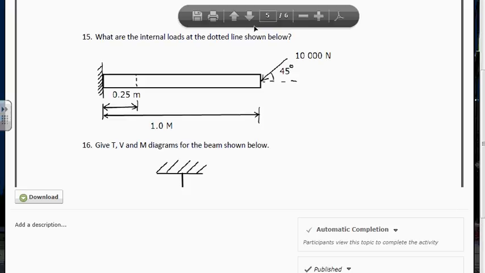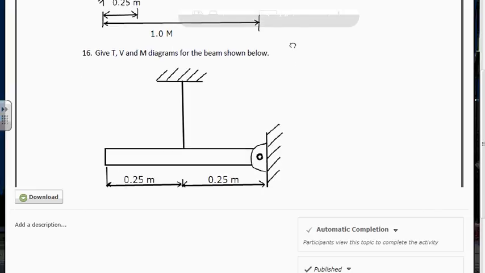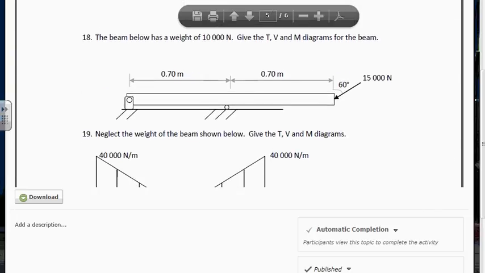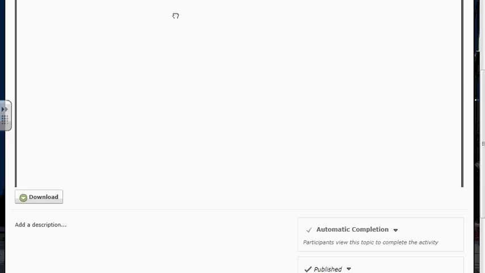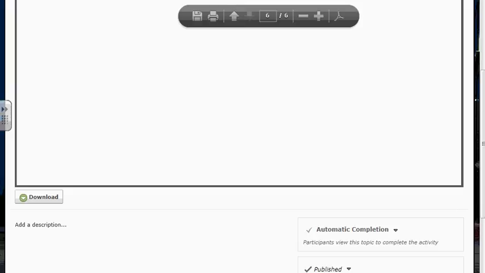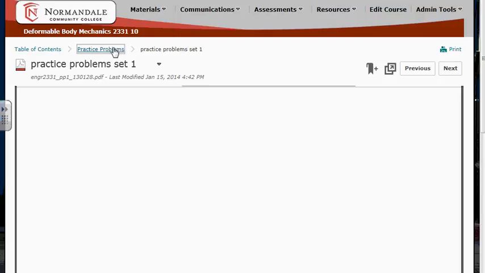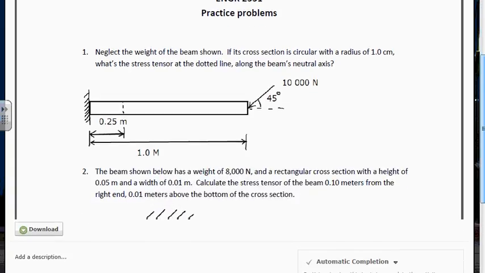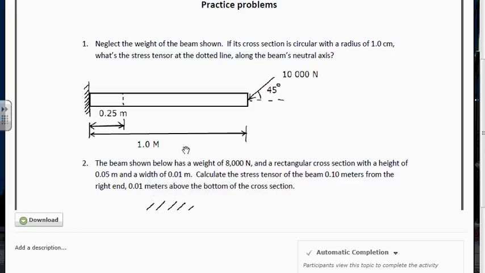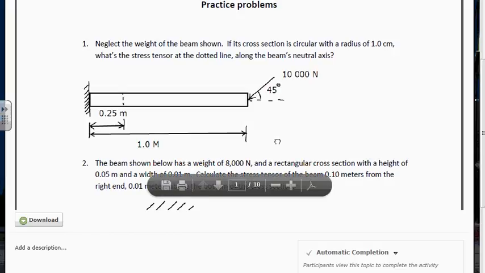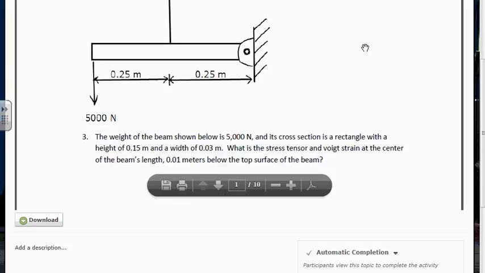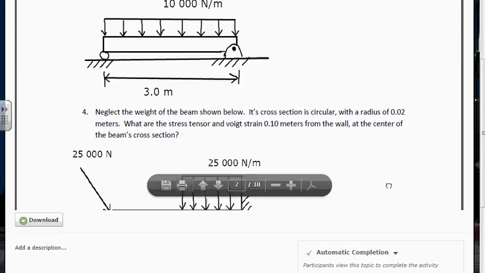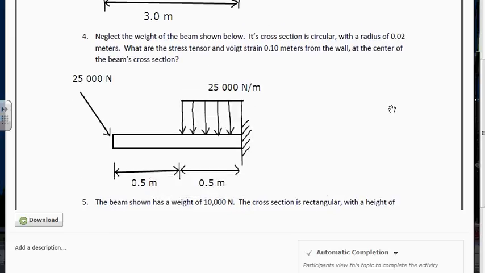Okay, so there's going to be internal load stuff. So 15, 16, 17, and that's the end of the first set. So all the way to the end of the first set. And I guess that's all there's going to be at this point. Yeah. So just until the end of the first set of practice problems.